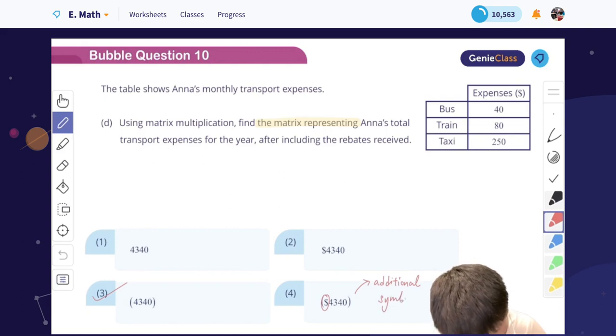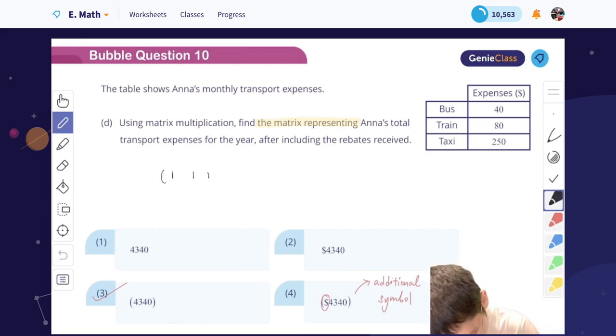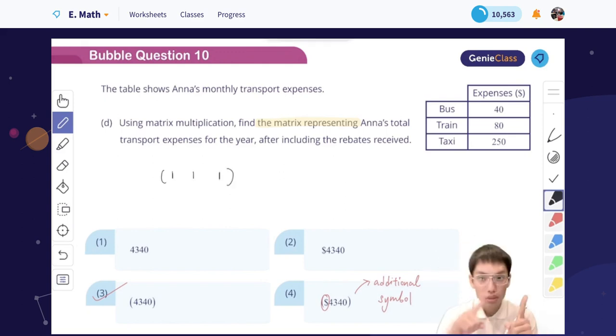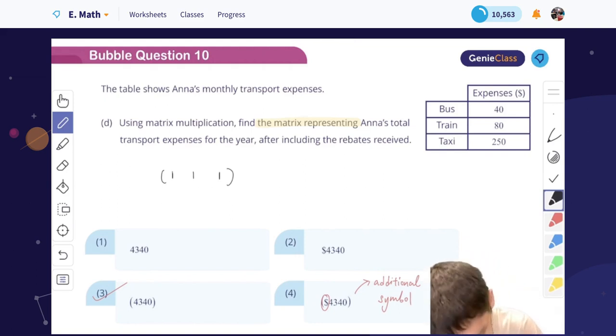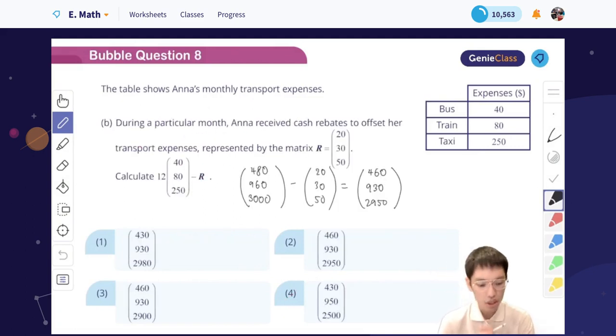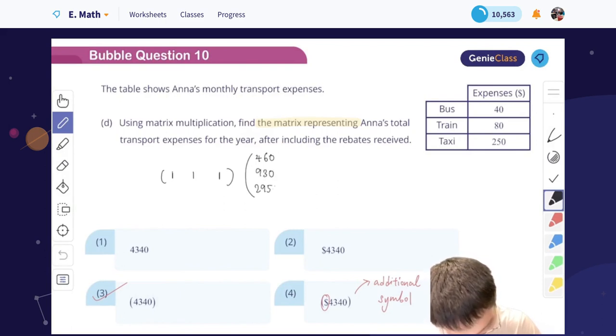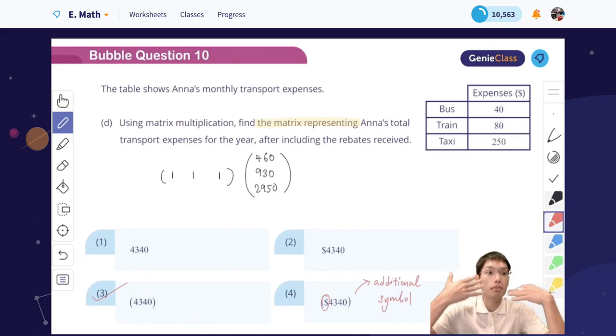Now, how do I get 4340? Take note, if you refer to my work example 3, you can see how I get 111. Multiply by, if you refer to my matrix over here, 460, 930, and 2950. I'm going to write this matrix down. Multiply all this, it's a similar notion.